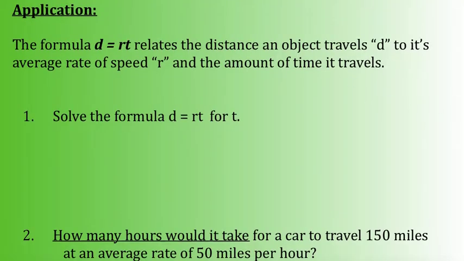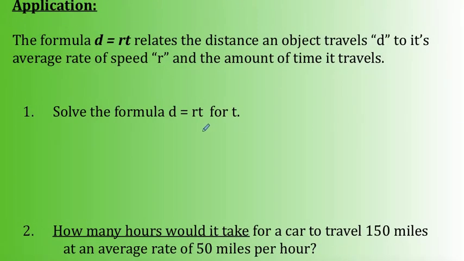How do we apply this? This year we've worked with the formula d equals r times t. I want to remind you that's the distance formula. Distance equals rate times time. It relates the distance of an object, d, to its average speed, which is our rate, and the amount of time it travels, which is our t.